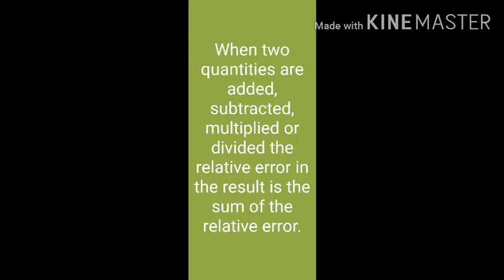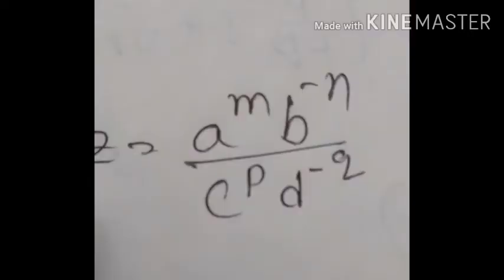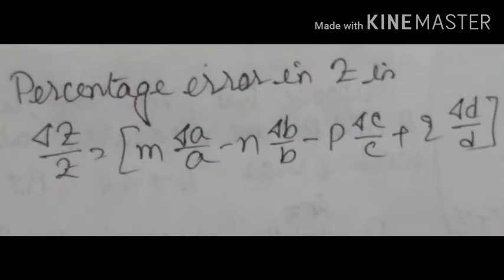Now calculation of percentage error with some unknown physical quantity. Let us consider a physical quantity z is equal to a to the power m, b to the power minus n, c to the power p, d to the power minus q. We have to calculate the percentage error of this unknown quantity. To calculate it, we have to use some mathematics.